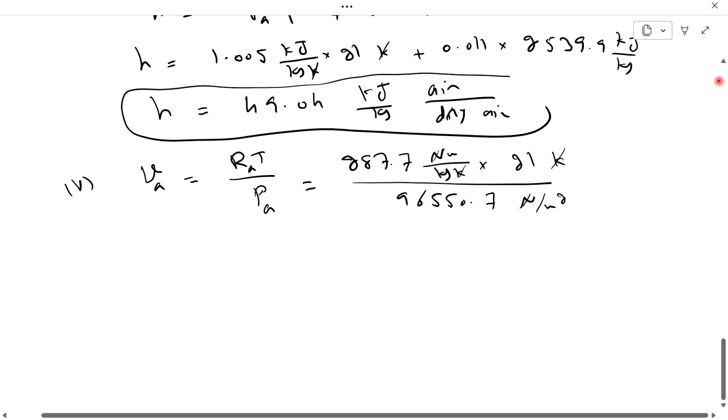Meter square in double division will be meter cube per kg. So the specific volume of air per kilogram of dry air is 0.875 meter cube per kg of dry air. So this is the final answer.